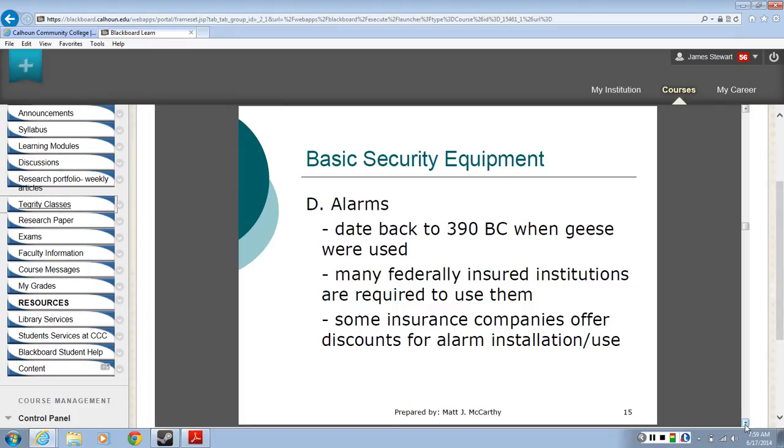So alarms work. Alarms work really well if you tie them into some sort of monitoring center, and that way if the alarm is tripped, if it goes off, then the police are automatically notified. I can tell you that most criminals, if they see a sign that says you have an alarm, will just move on to the next house, unless they really want to get into your location.